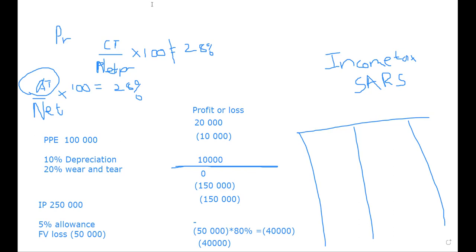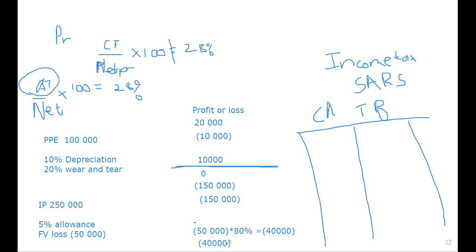Let's do it using the assets and liabilities method, and let me show you that this is still going to give us the same thing if you use the logic that I gave you. So we have your current tax, we have your tax base here, right? So let's firstly start with this example, and I'll move on to this one when I'm done.